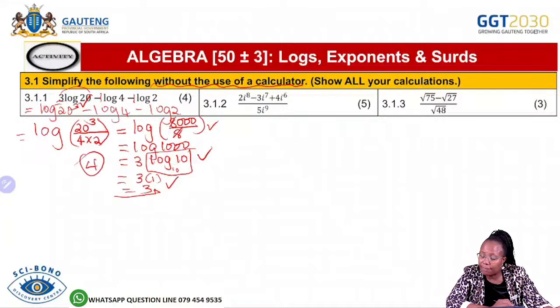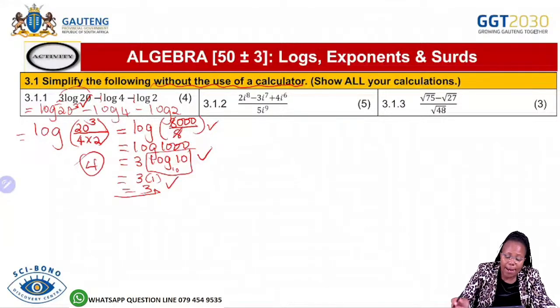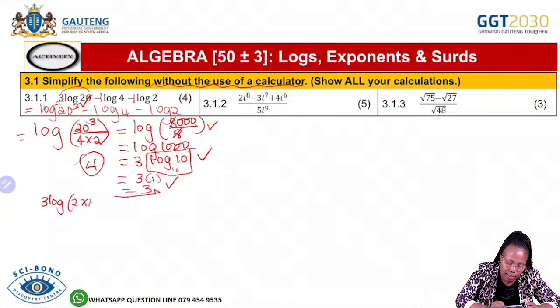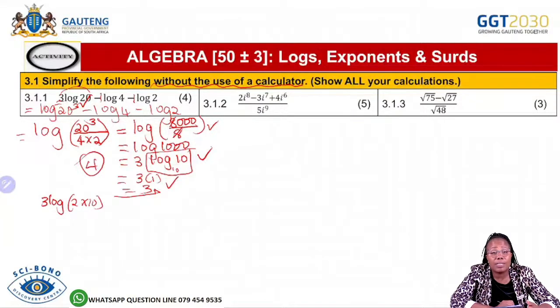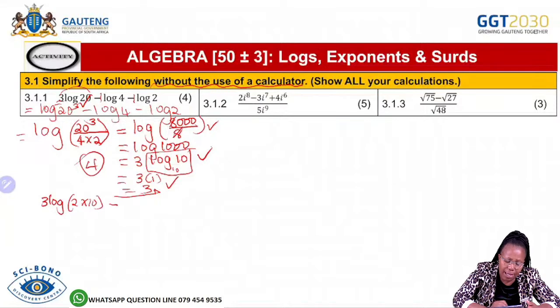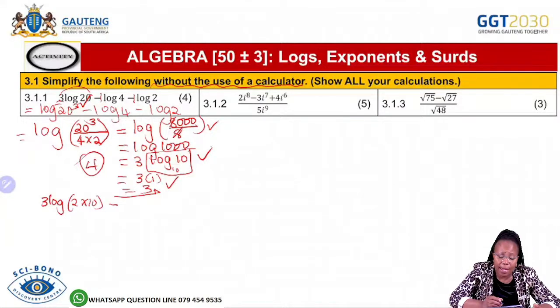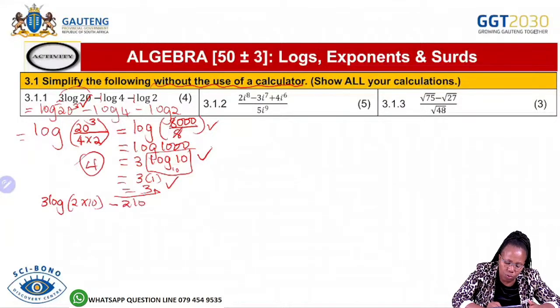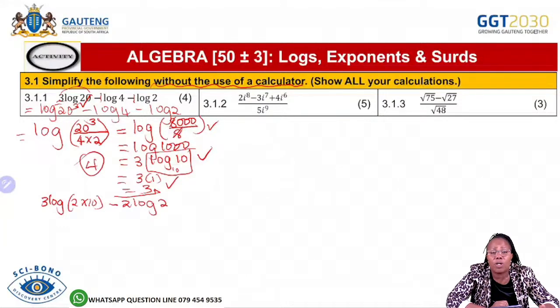Now, alternatively, one learner may see that, oh, if I'm having 3 log 20, I can write this 20 as 2 times 10. It's the same 20. And then minus, for log 4, simplify this to 2 log 2, because 4 is 2 to the power 2.